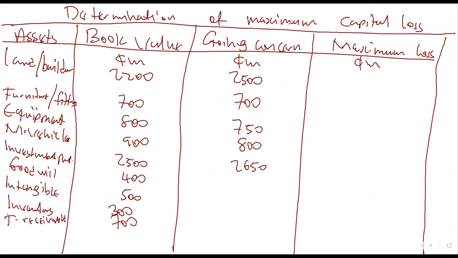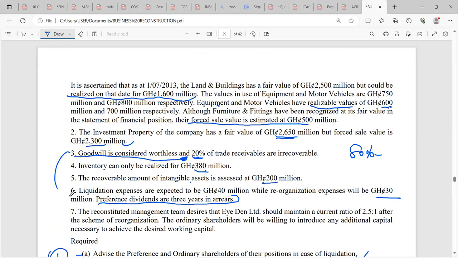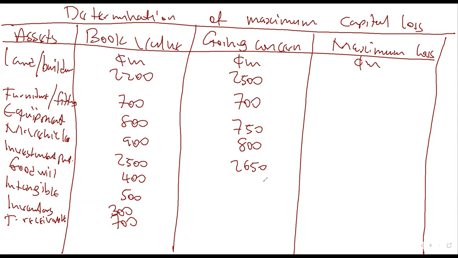Goodwill is worthless. So from here going, we know it already. The trade receivable, 20% of the trade receivable is irrecoverable. So you bring it and then you continue the rest of the story. The intangible asset had a recoverable amount of 200. Inventory.